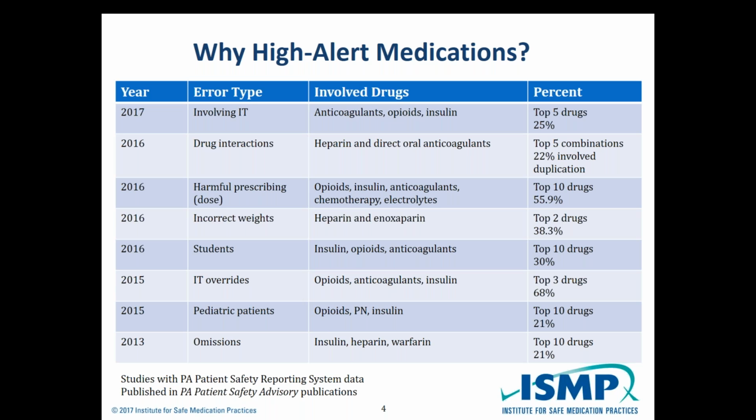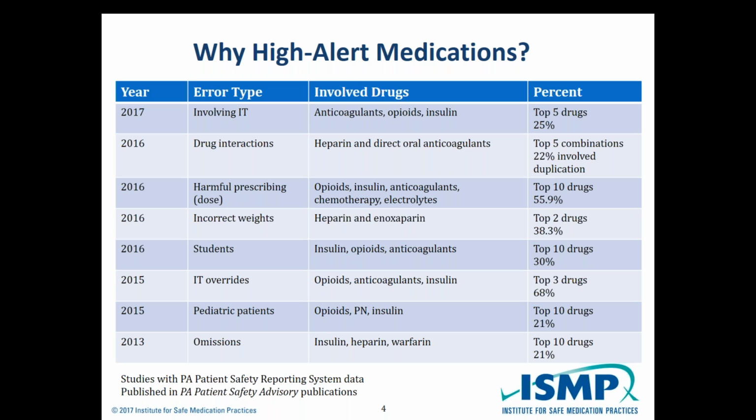And if we go back to 2013 on some studies that were published in the Pennsylvania Patient Safety Authority reporting system, we could see that the high alert medications have been involved in many of the harmful errors.